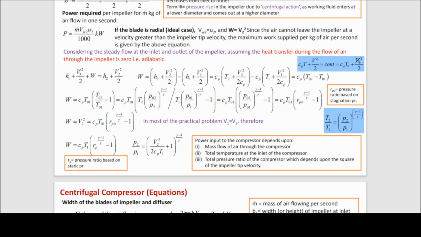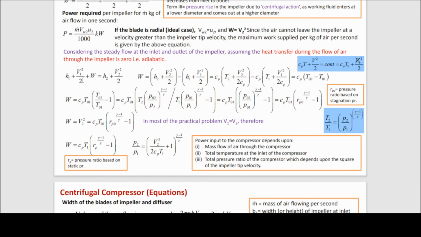Here this is W in only. On the previous slide we had taken this W on the right hand side, that is minus W.